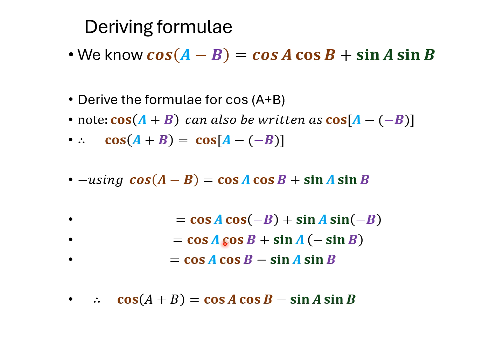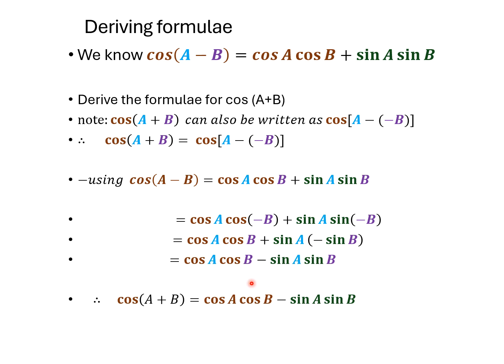Right? So I have cos A, negative B is in the fourth quadrant, where cos is positive. There's sin A, sin negative B, and in the fourth quadrant, sin is negative. So that becomes negative sin B. This negative times that positive becomes negative.